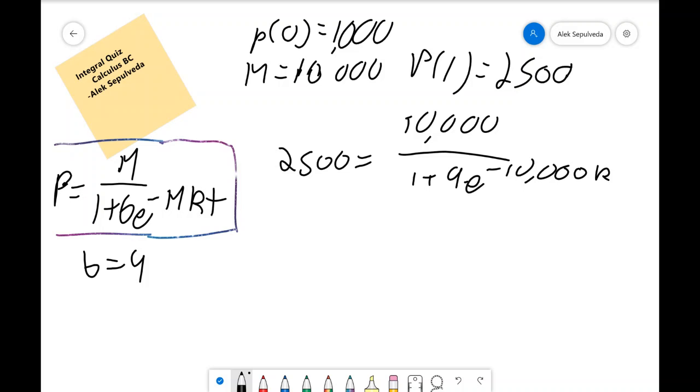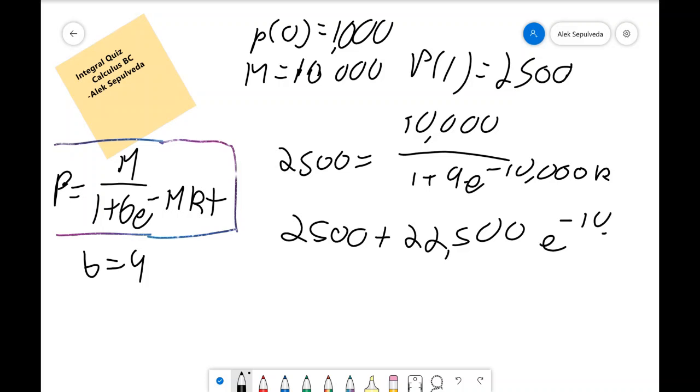So we're going to go through the normal steps. Distribution: 2,500 plus 9 times 2,500, which is 22,500, e to the power of negative 10,000k.